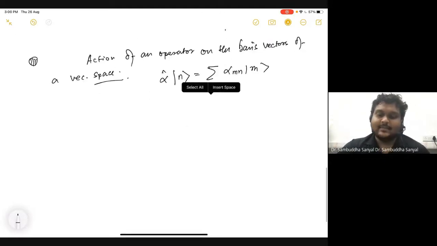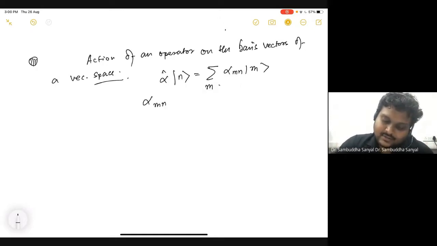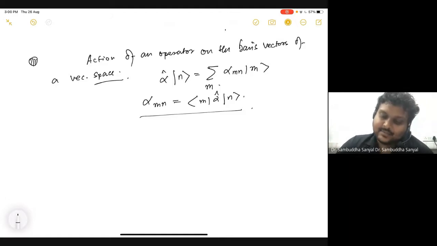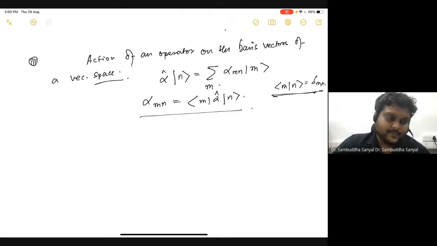Notice that n and m are all basis vectors in that space. You can also check this using your vector examples, just like last time. We also discussed that this alpha_nm must be alpha_mn. I can find it by using the property that since they are orthonormal basis vectors, they must satisfy <m|n> = delta_mn. This is also something we argued last time.